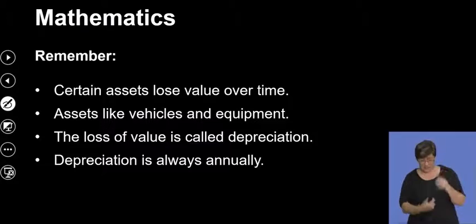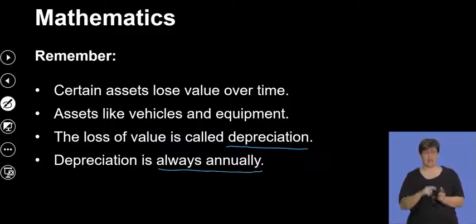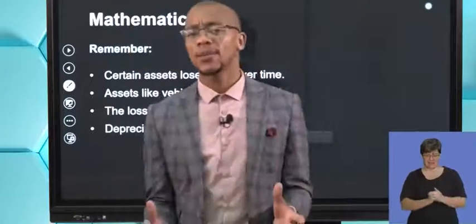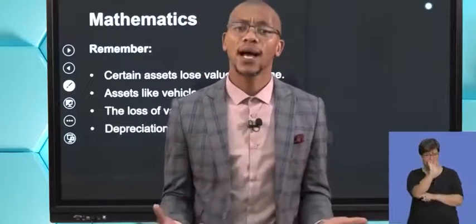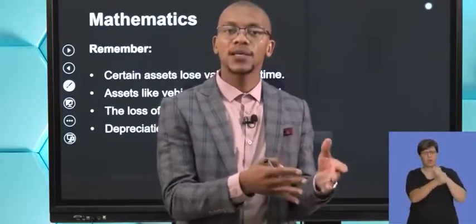The loss of value is normally called depreciation or decay, which means one and the same thing. And then depreciation is always something that occurs yearly. Now, guys, just on a general basis, remember that when we look at cars, we normally look at the year model. The year model normally does what?